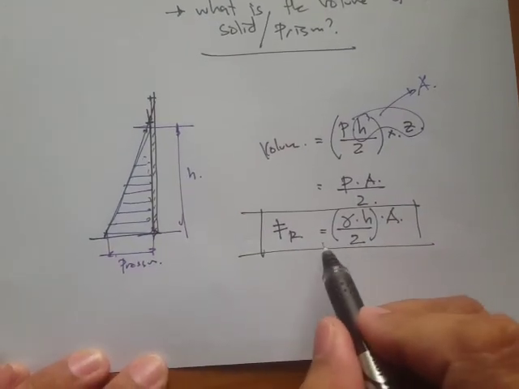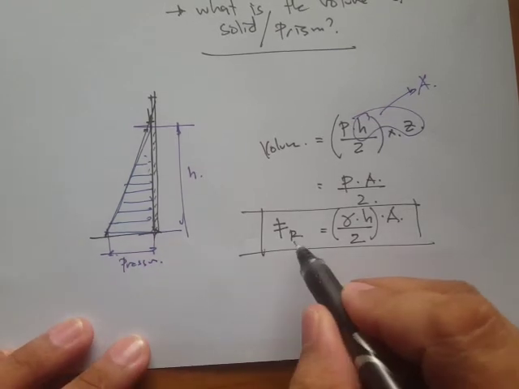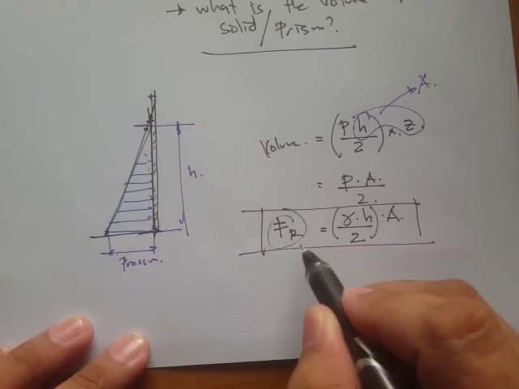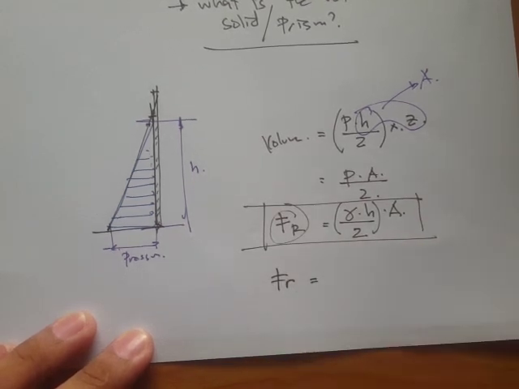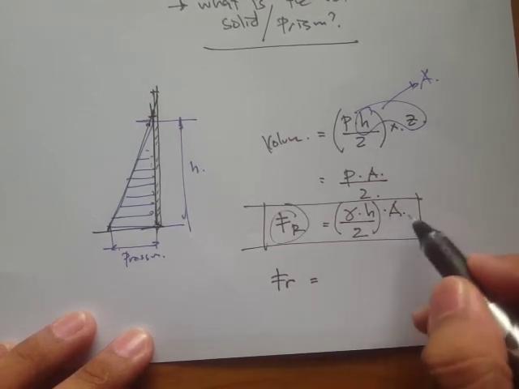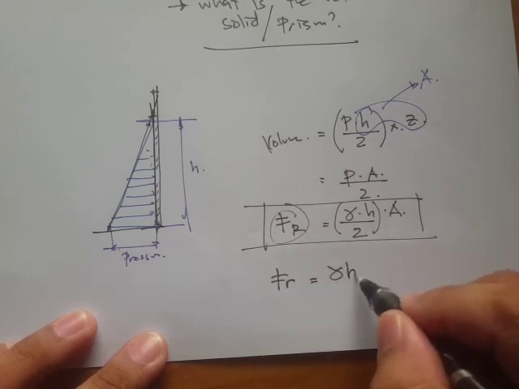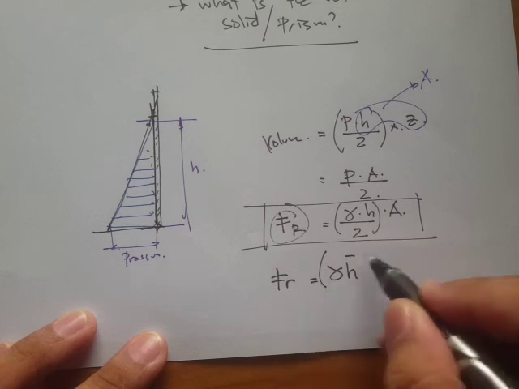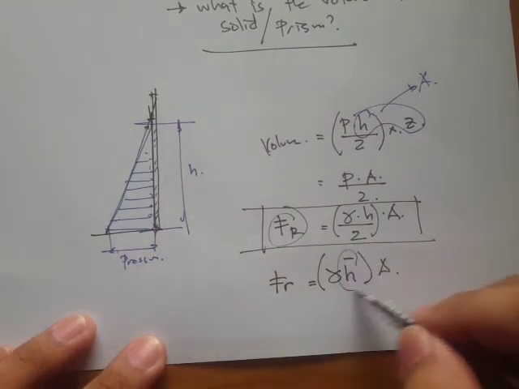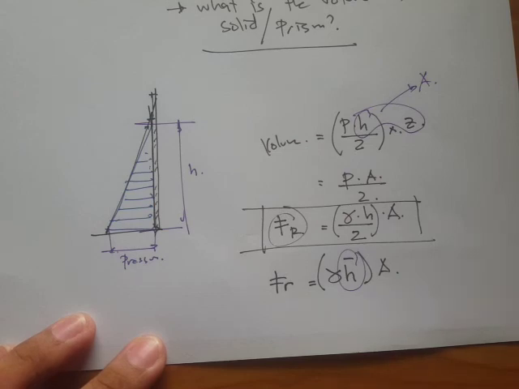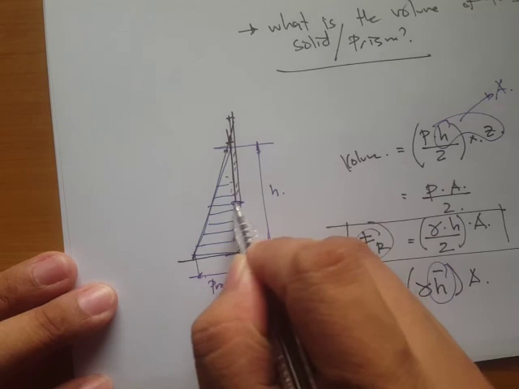Okay, so recall from our previous equations, the analytical method, that the force, the resultant force, is just the pressure times the area, except that what we used earlier is this notation, times A. Now this one is something like the mean depth. Okay, and if that's the mean depth, this would be our centroid.